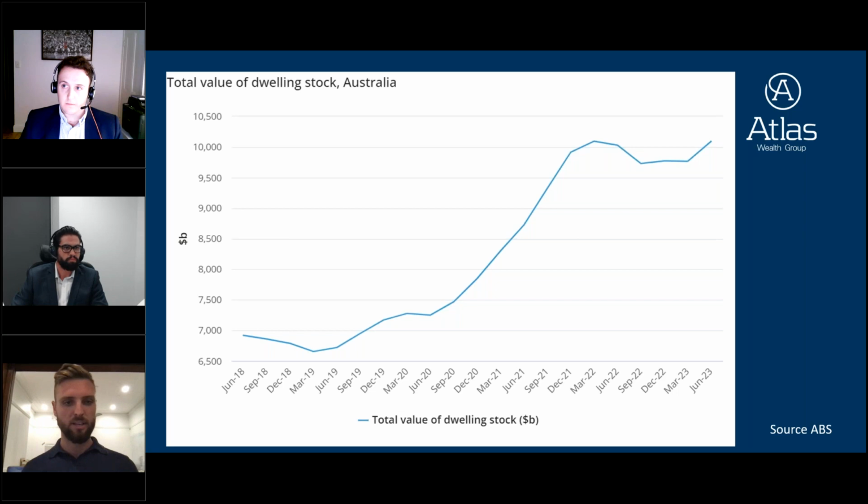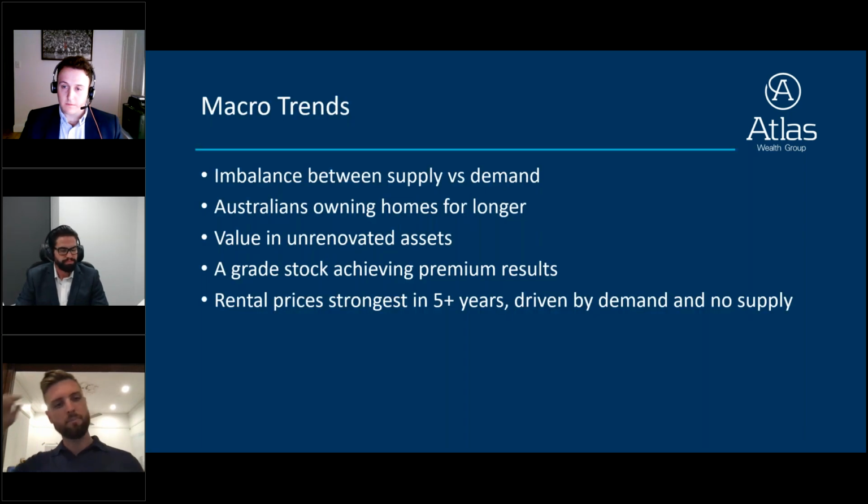Next slide, please, James. So the macro trends we're seeing in the market right now, and we work all over the eastern seaboard of Australia, with offices in Queensland, New South Wales, Victoria, and in Adelaide. In all of those markets, both metro and regional, there is a complete imbalance between supply and demand. There is a lot more demand for property than there is supply, both in established properties and in brand new properties.